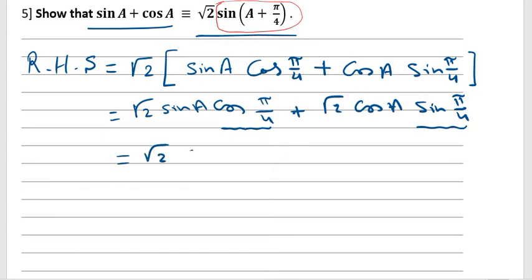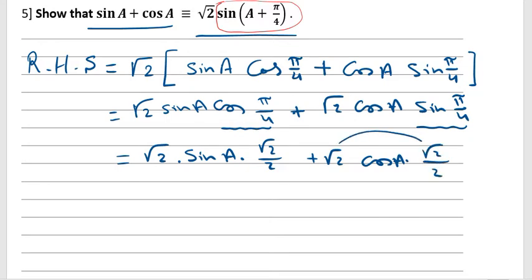It will be root 2 sine a multiplied by root 2 over 2 plus root 2 cosine a multiplied by root 2 over 2. Root 2 multiplied by root 2 over 2 equals 1, so this part will be sine a, and this part will be cosine a.